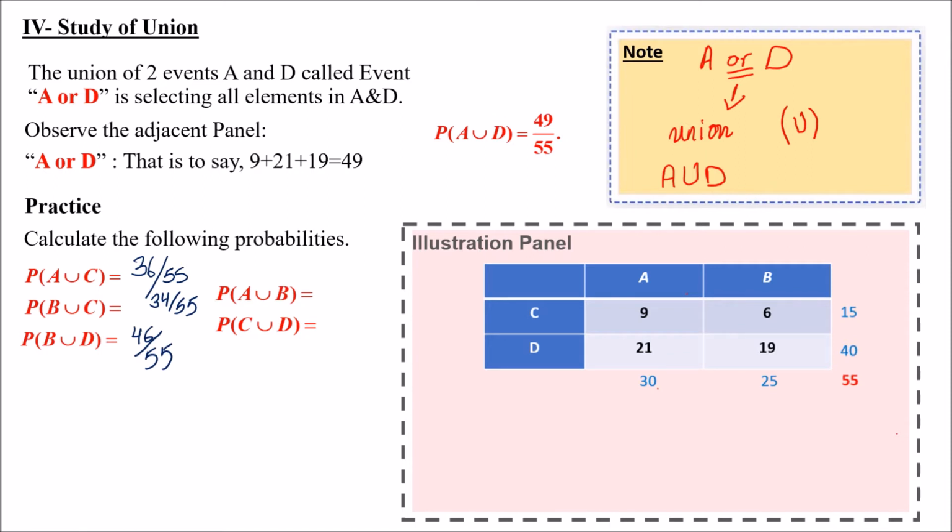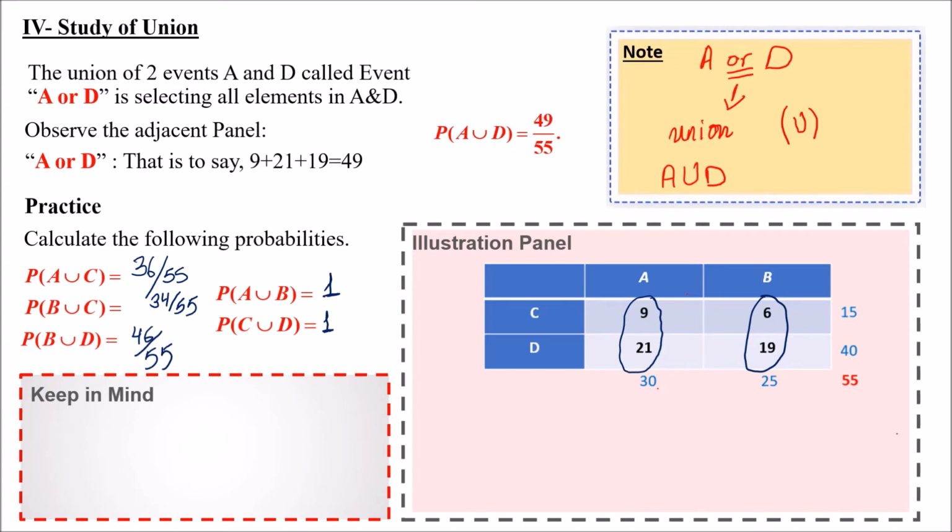Now look here at the probability of A union B. This is A and this is B. The union of these two events is equal to the total, which is equal to 55. We call A union B a certain event because its total is equal to the total number under study. Therefore, the probability of A union B is equal to 1. And similarly, the probability of C union D gives us 1.